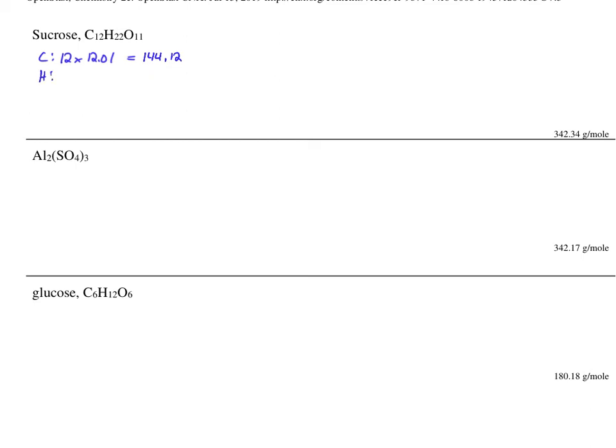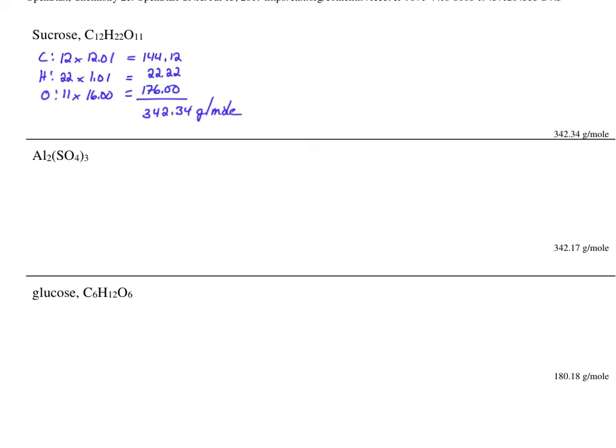For hydrogen, 22 atoms, each 1.01 grams per mole. A total contribution from hydrogen of 22.22 grams per mole. Oxygen, 11, each at 16 grams per mole, a total of 176. So we have a total formula weight of sucrose, 342.34 grams per mole.